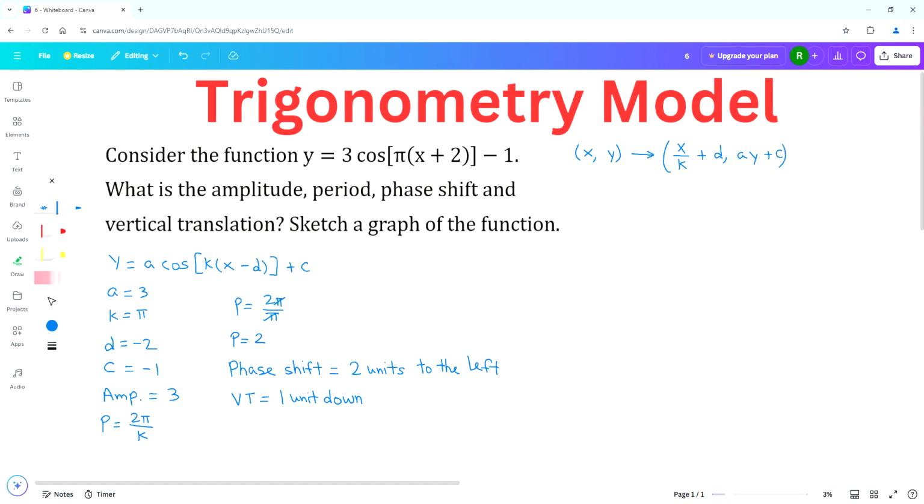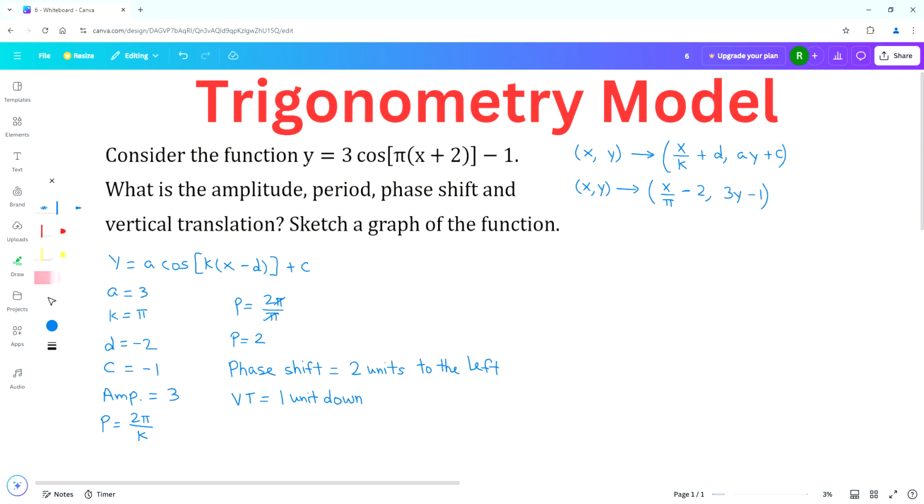We can sub in the values of A, K, D, and C. This is the mapping rule or mapping formula for the given transformed cosine function. Next, we should prepare a table of values for the parent function.